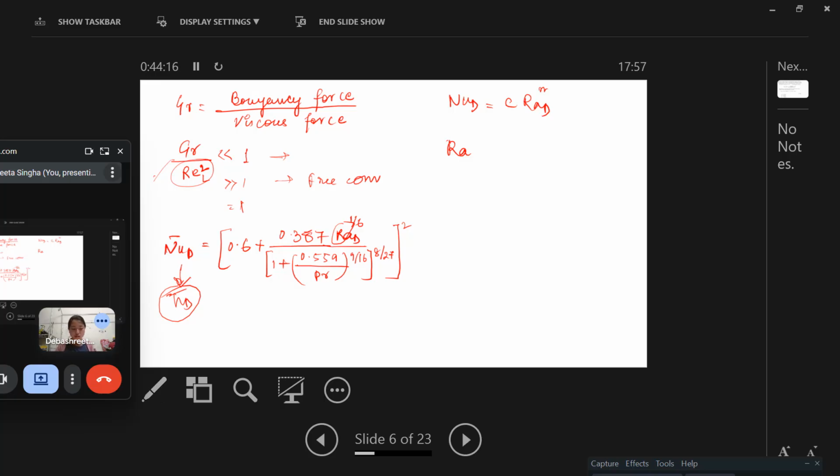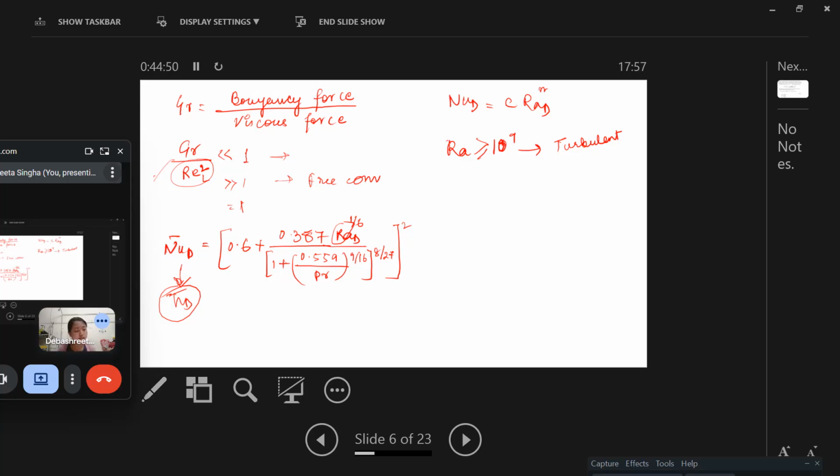If it is greater than 10 to the power 9, then it is the turbulent region.